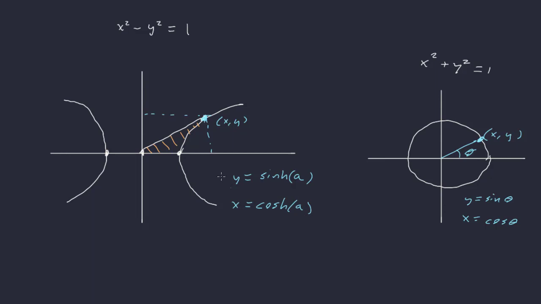Now, what is a? Well, a comes from the area of this region here, and that's actually a halves. So it's a little funkier. It's not as straightforward as the normal trig functions, but it's still related to the unit hyperbola.